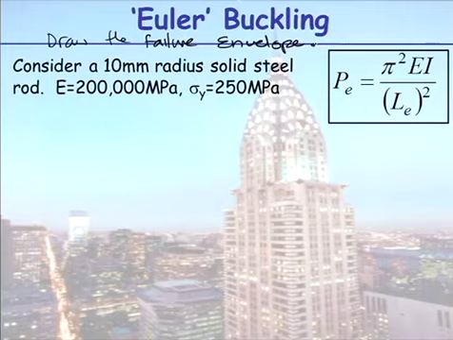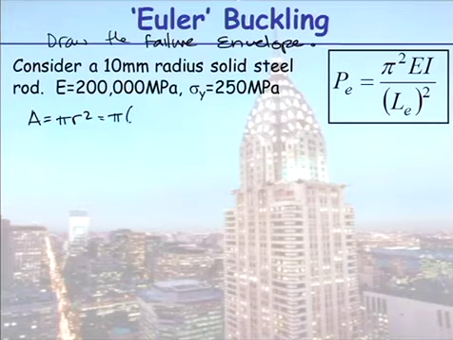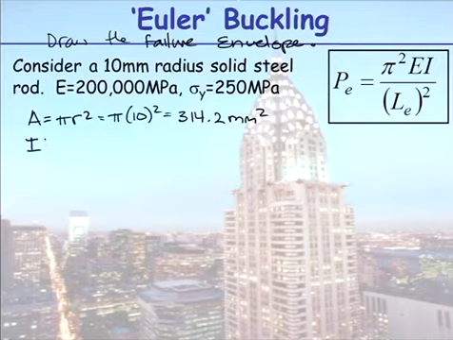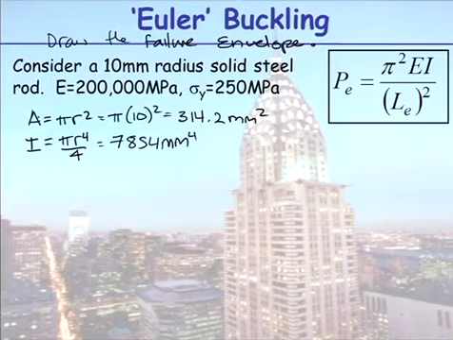So drawing the failure envelope there, we need to know what our yield stress is and our cross-sectional area, which is pi r squared. So plugging into that, I get an area of 214 millimetres squared. Moment of inertia, I said for a circular section, pi r to the 4th on 4. Gives me that value. We're given E. So in terms of my buckle formula.